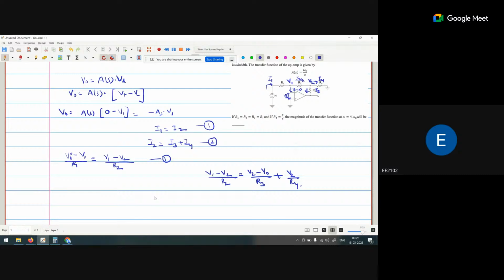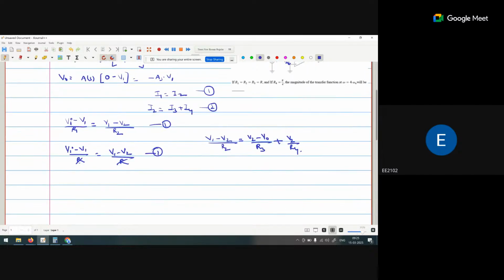So R1, R2, R3 are the R given in the question. So Vi minus V1 by R is equal to V1 minus V2 by R. Equation number one, R1 and R1 cancel out. So Vi is equal to 2 V1 minus V2.